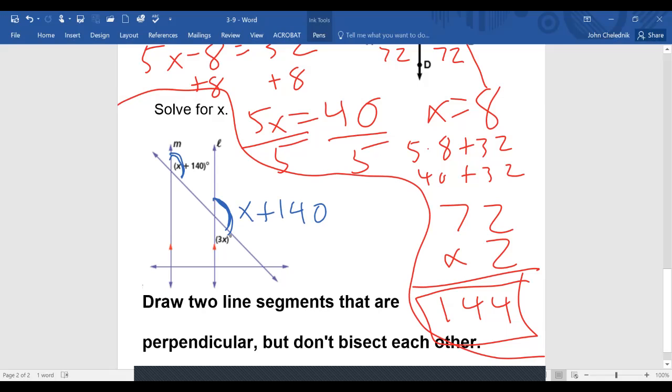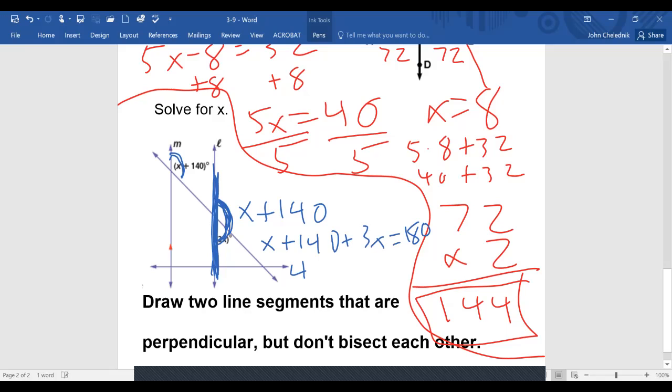They're equal, they're congruent, okay? This is what you call a straight line. And straight lines add up to 180 degrees. So that means if I took x plus 140 and added it to 3x, just taking these angles and adding them, that should equal 180.